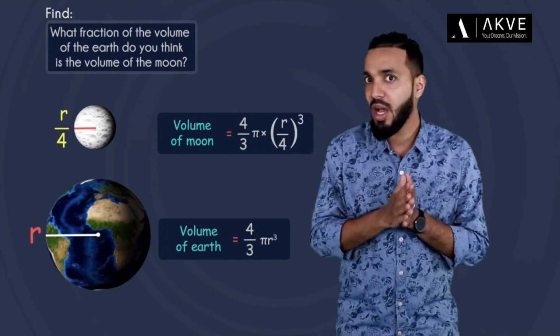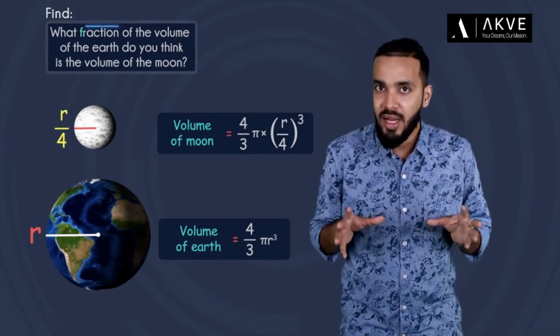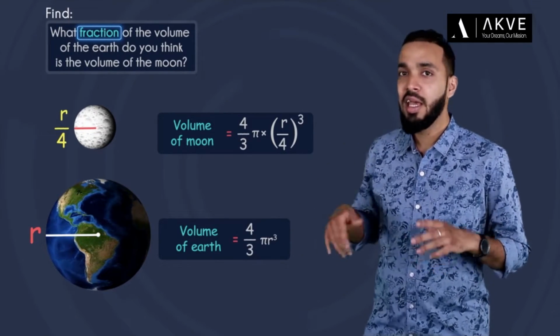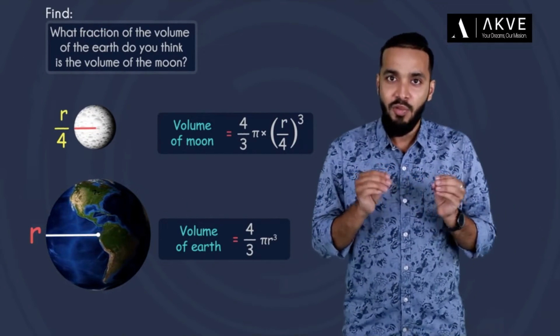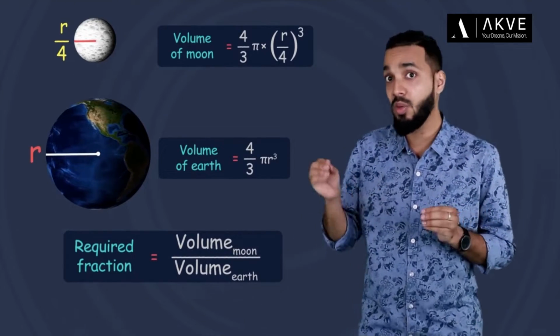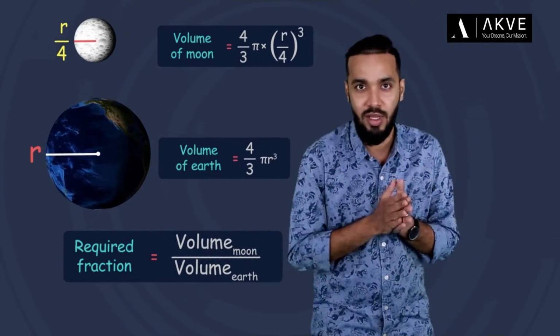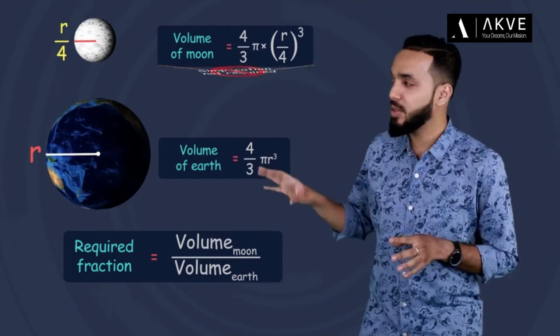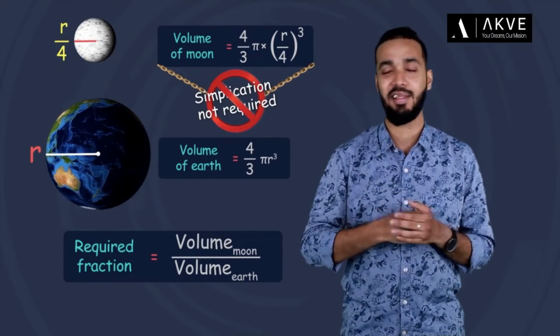Now, since we are going to find what fraction of the volume of one sphere is the volume of the other sphere, we are essentially intending to divide one volume by another, aren't we? So, we don't really need to simplify this at this stage.